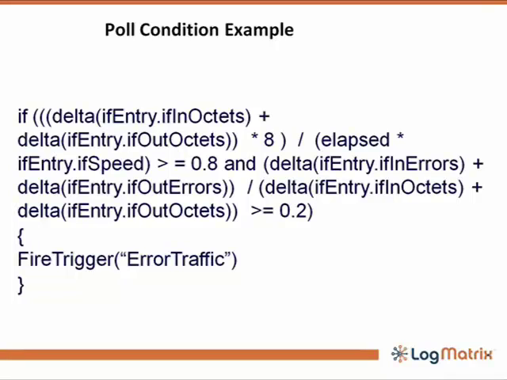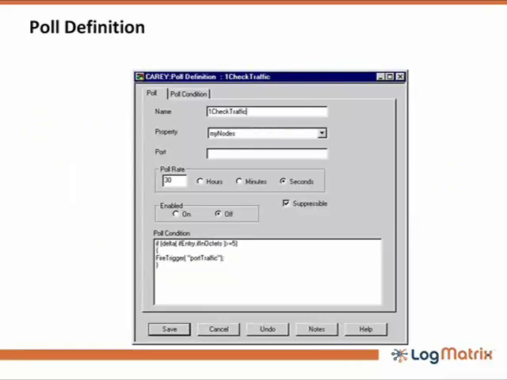But this gives us an example of how NerveCenter can take something as simple as a threshold and actually determine if it's a real error traffic, high traffic situation. It takes no longer to get this than it does to sit there and get 2 of those thresholds a minute apart. So, an example of the poll.